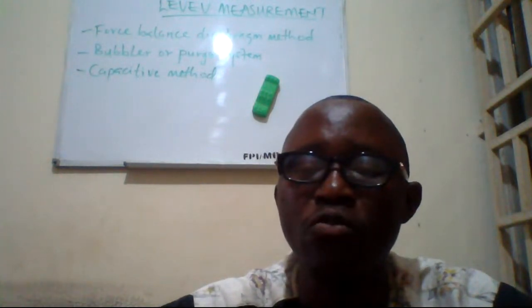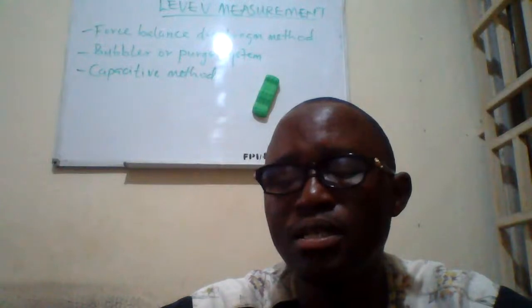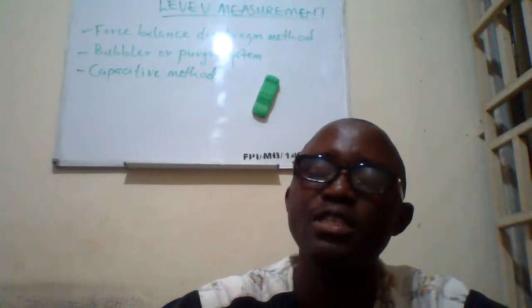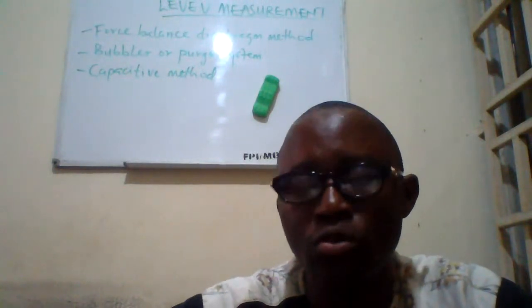All right. We said this system of liquid level measurement is very accurate and provides greater resolution, but it also has its own demerits. The demerit lies in the high cost of construction. That is, when you compare this construction to the previous systems that we have discussed, this is quite expensive to construct.